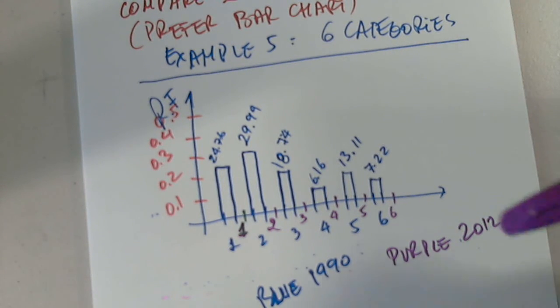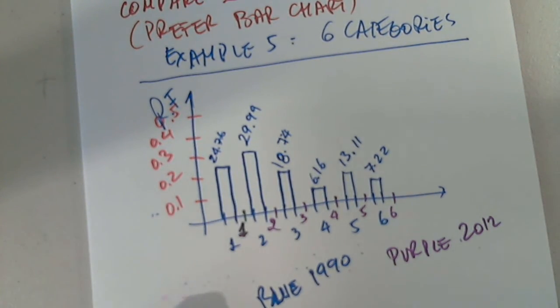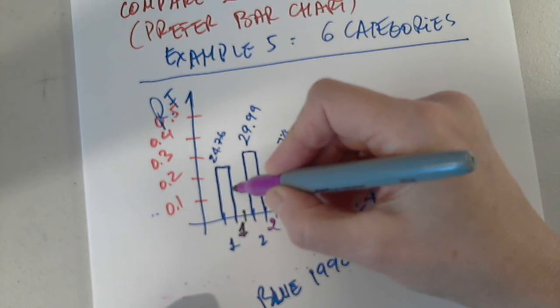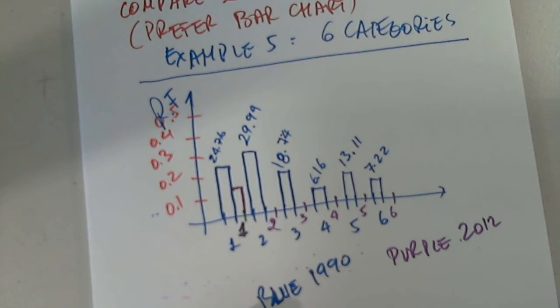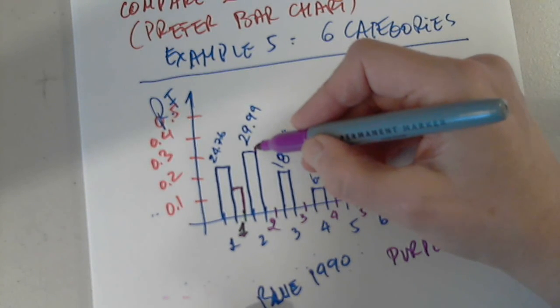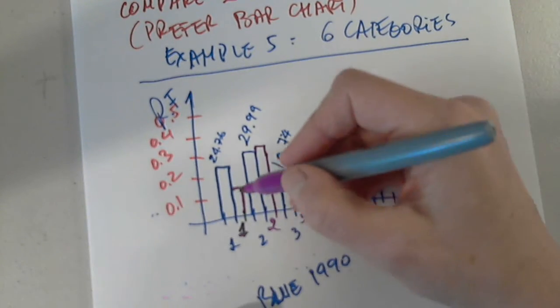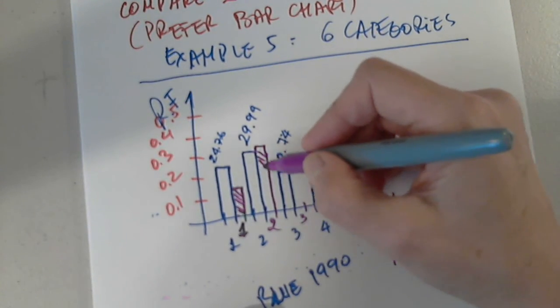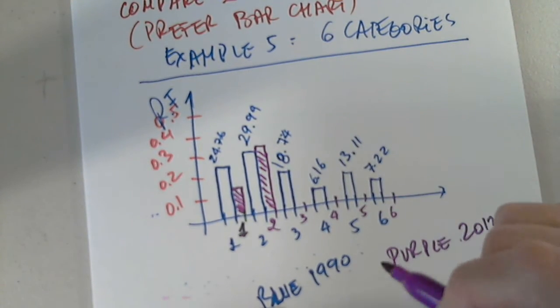Now we want purple for 2012. So the first one is 12%. The next one is 30%. Maybe I should just shade them in so you see the difference. Maybe the color is not very good, the difference in color, so I'm going to shade them like that.